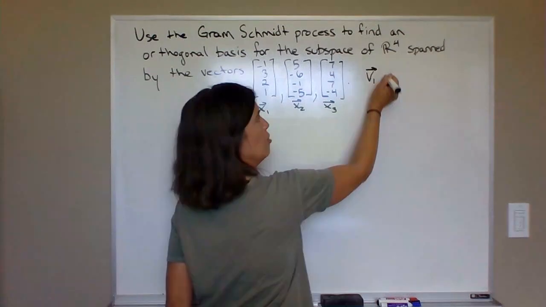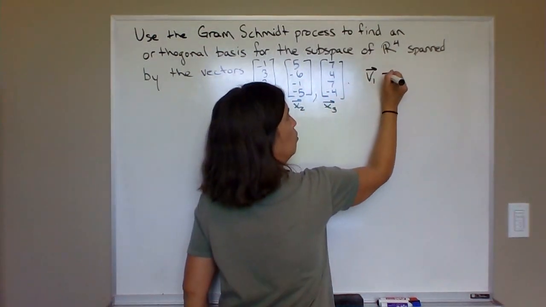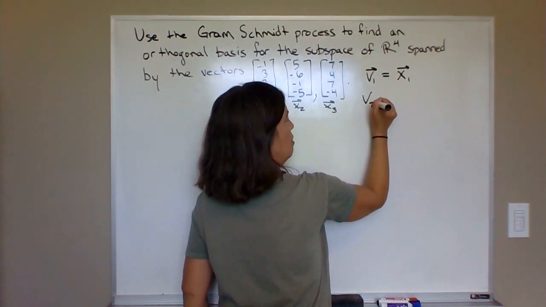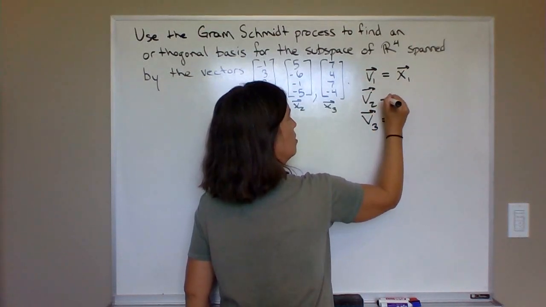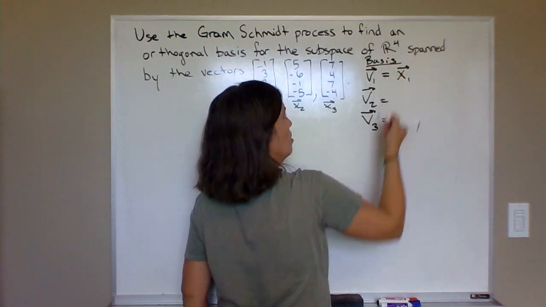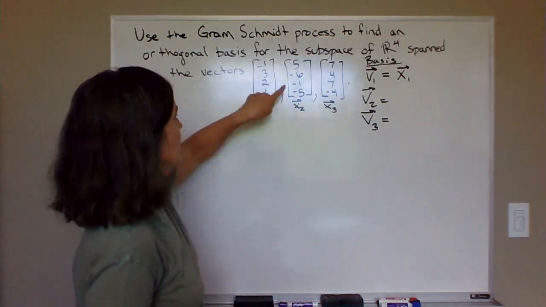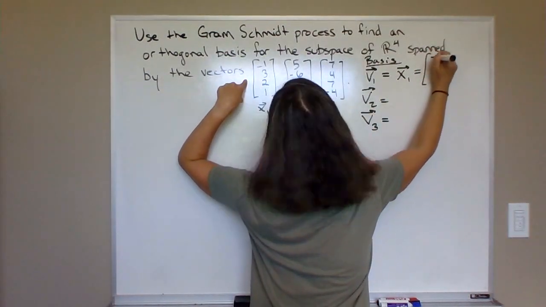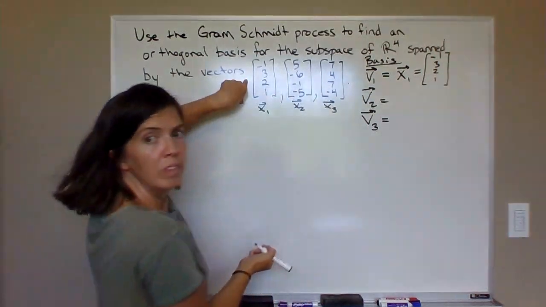They are going to be named v1, v2, v3. So v1 is just going to be x1, and I'll write formulas for v2 and v3 in a second. This is going to be our orthogonal basis. Our first basis vector is just the first given vector: -1, 3, 2, 1.